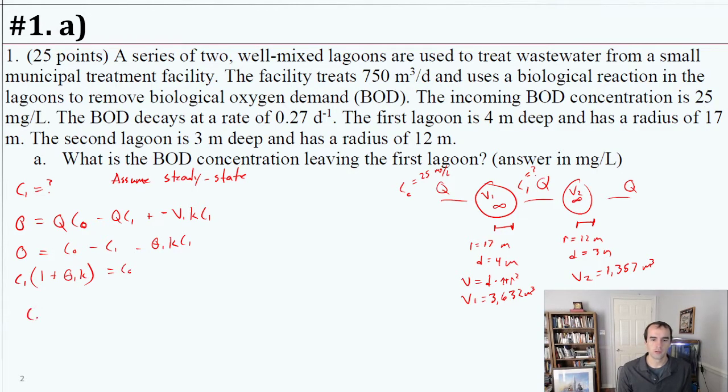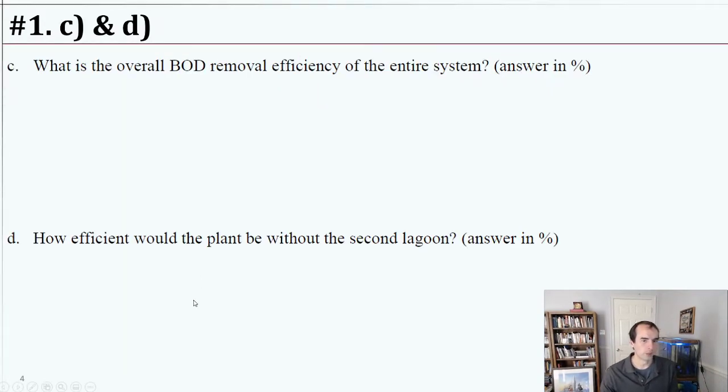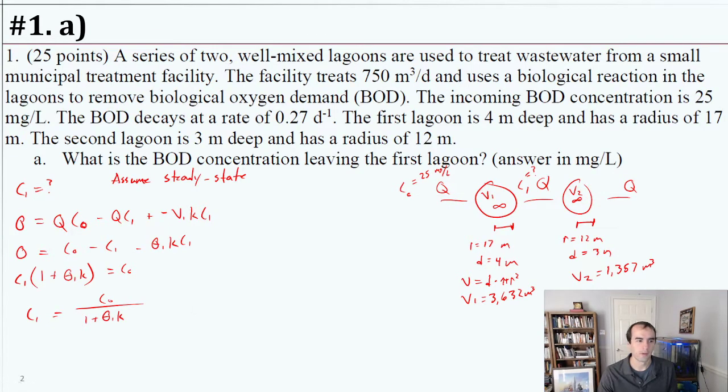So this becomes C1 equals C naught divided by 1 plus theta 1 K. And hopefully that should look rather familiar, because we've seen that several times before. And then what we'll do from here is simply put in our numbers.